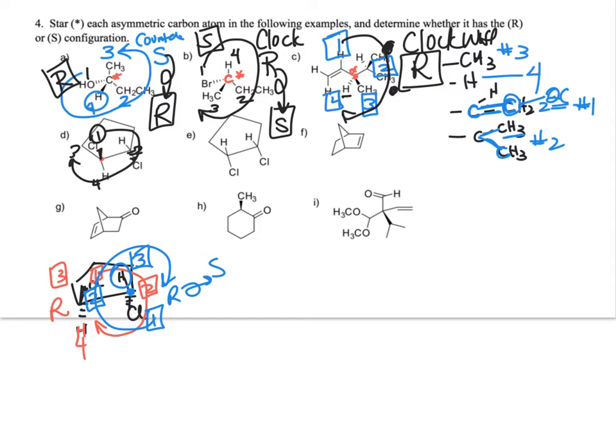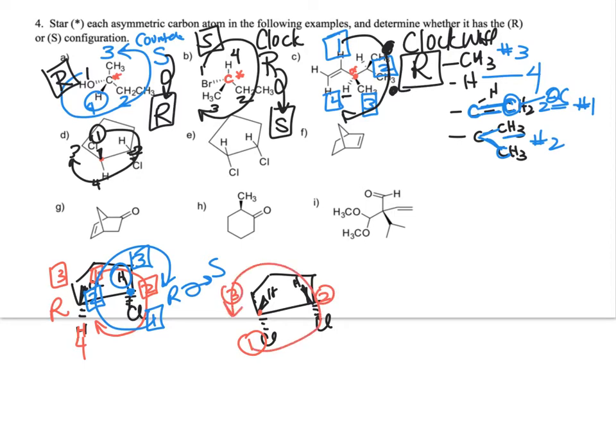Okay, for the next one, we have chlorine both on the same side of the ring. So let's put chlorine going down and hydrogen going up, just because that's what it looks like. And let's assign these 1 and 2 and 3. 1, 2, 3.